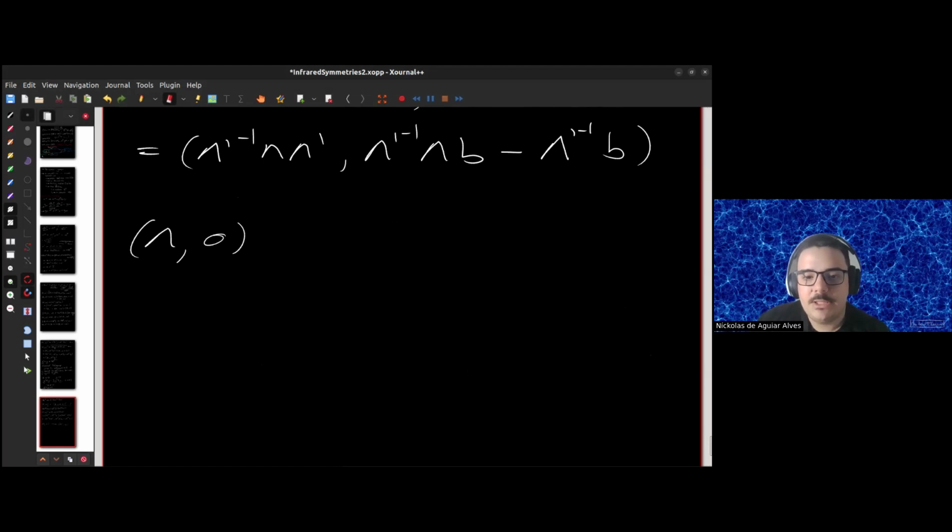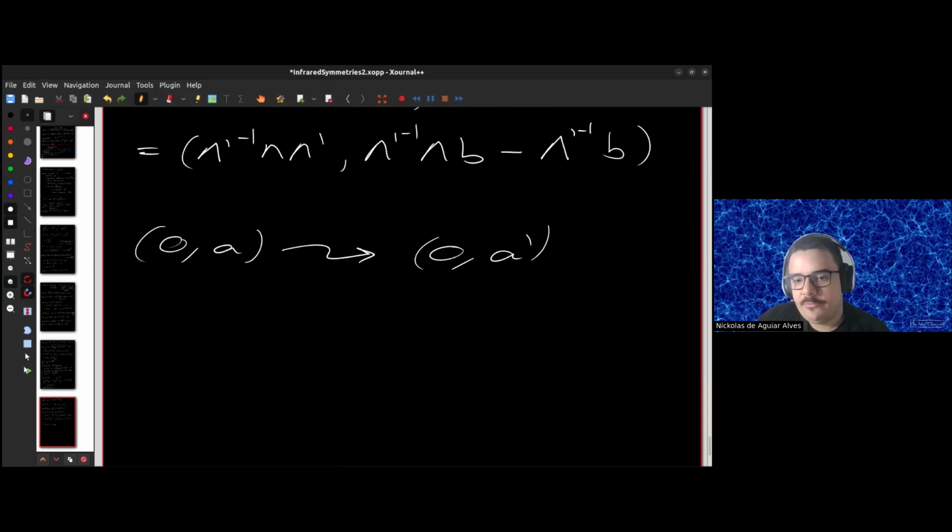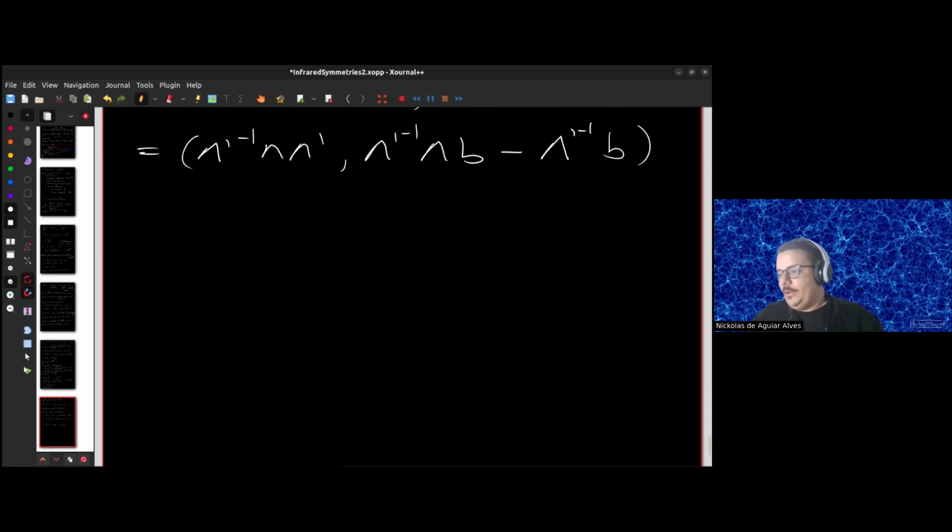So you get this thing which is slightly more complicated. Yet if you grab 0a and you transform it, it is always going to be a 0a prime. So the a can change, the number can change, but the Lorentz factor doesn't change. So you have this curious structure when we're dealing with the Poincare group.